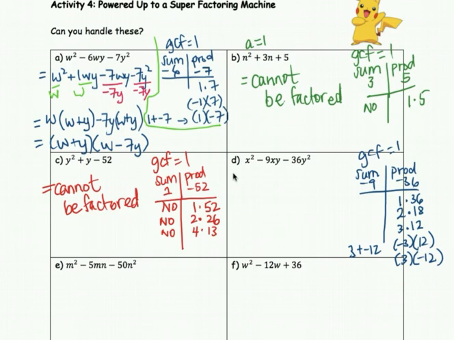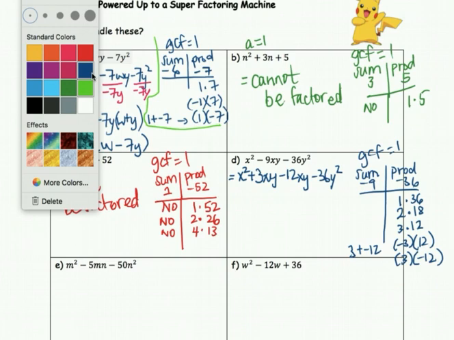Okay, so that's how we're going to decompose the middle term. So x squared plus 3. Okay, so now remember we have a couple letters involved here. So instead of just writing x, you're going to write xy. Okay, and then we're going to factor by grouping here.